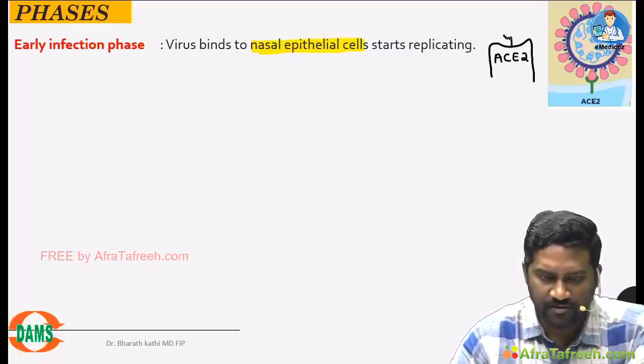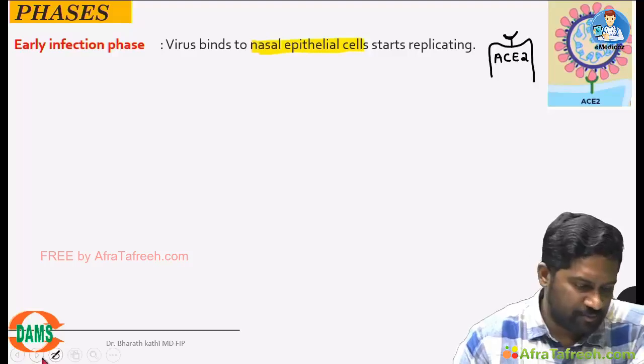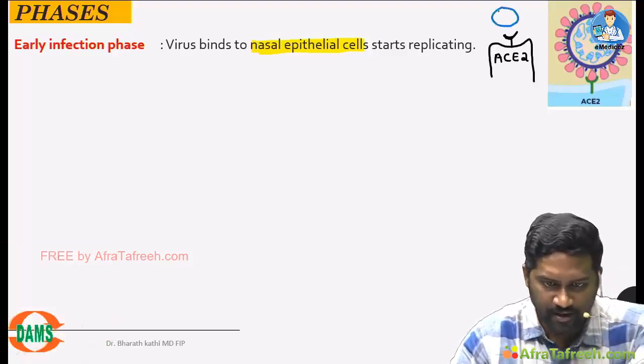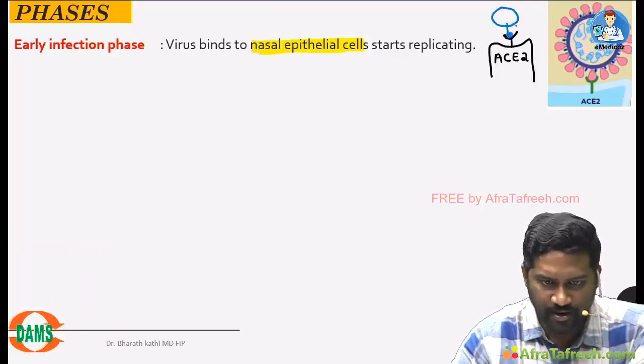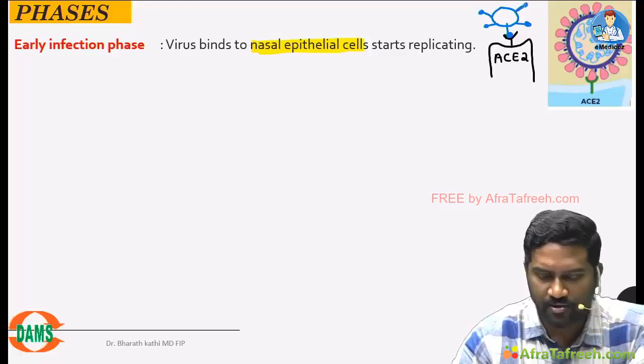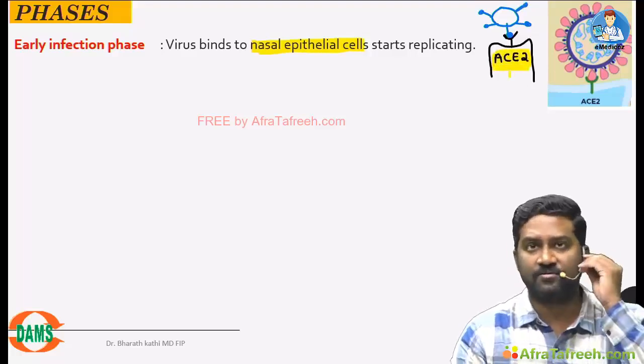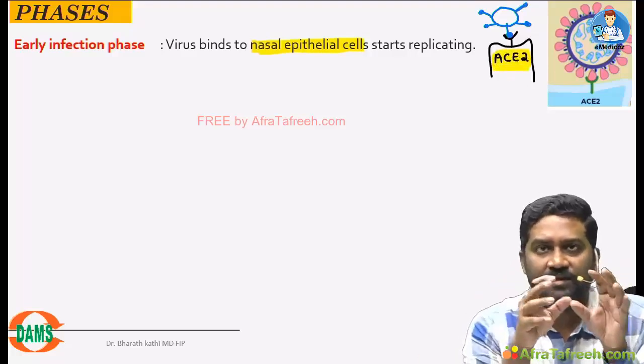So these receptors are the portal of entry. If this is the coronavirus, the spike protein can come and sit on these receptors. So they'll ask you what are the important receptors for coronavirus entry. It is ACE2 receptors. So they first enter the nose.